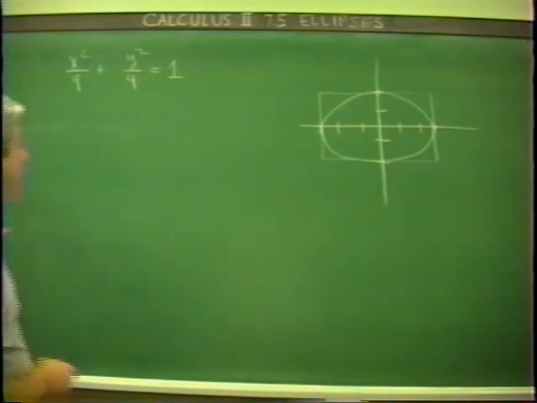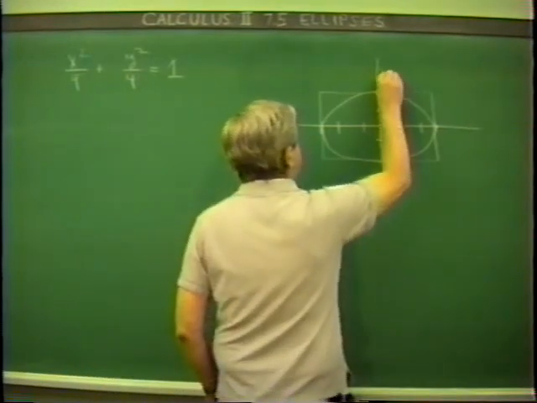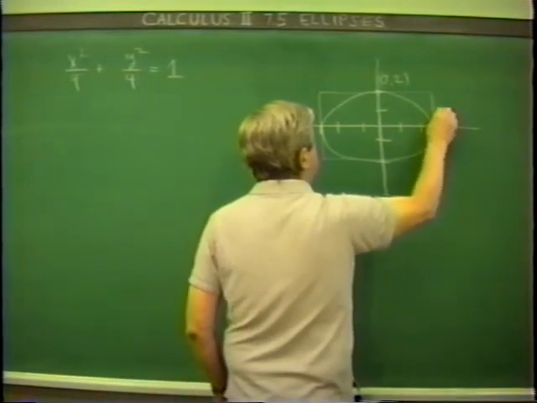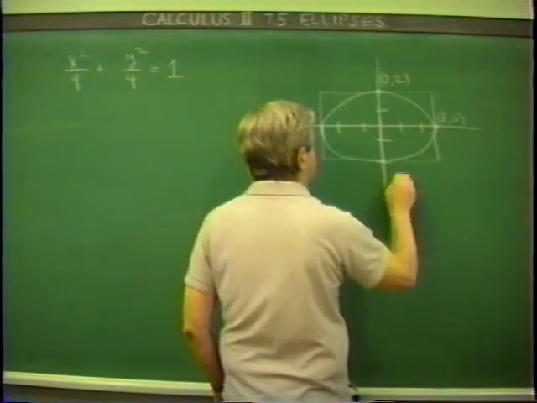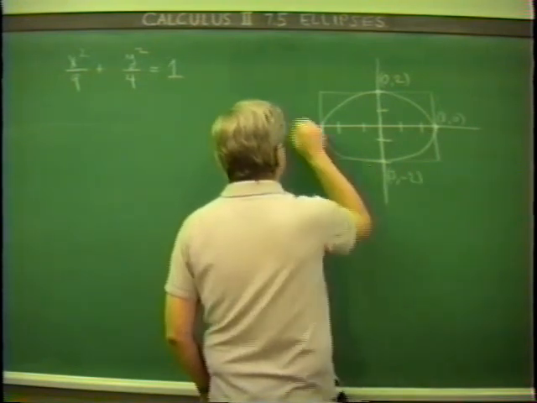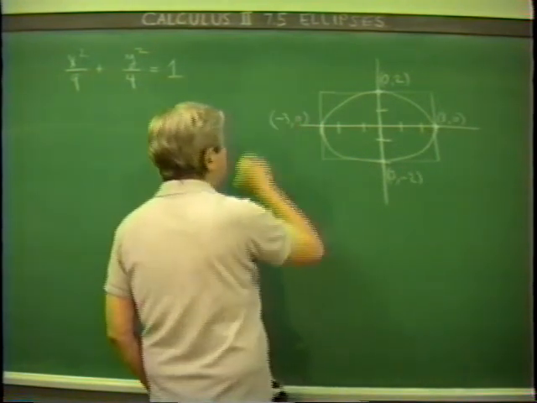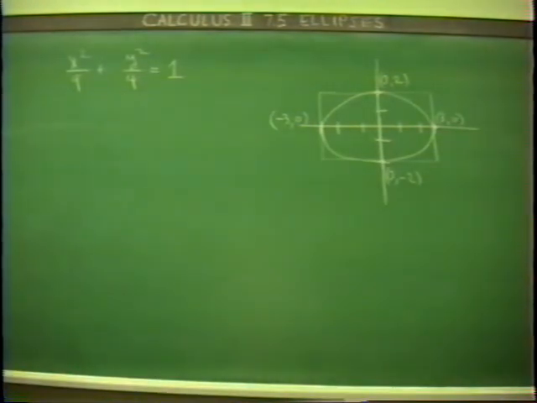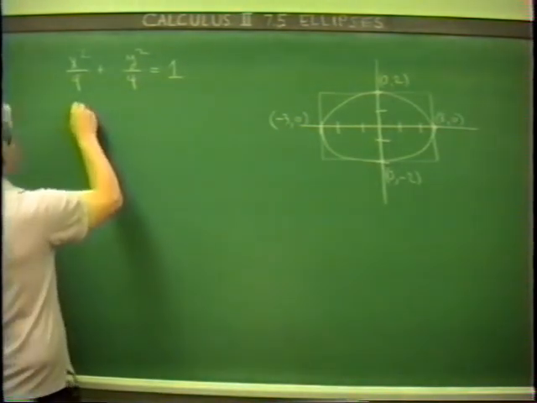All right. We want to determine what's happening here, though. This is 0, 2, and this is 3, 0, 0, minus 2, and minus 3, 0.